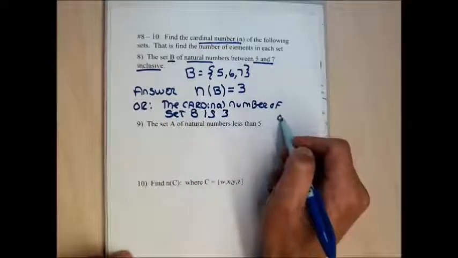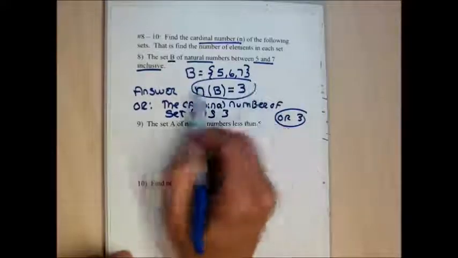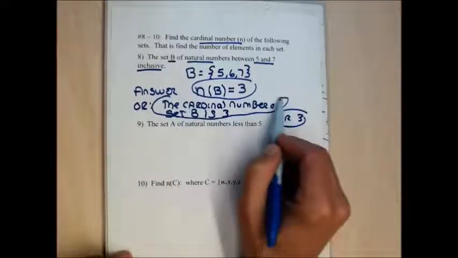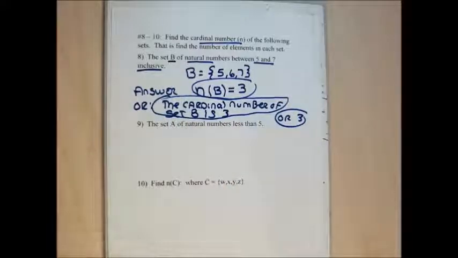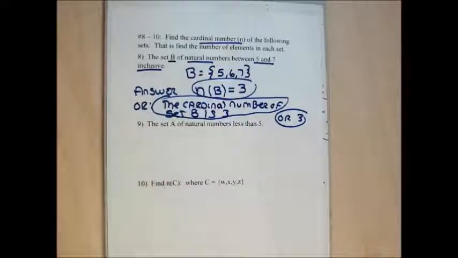If you wanted to be super lazy, you can just write the number 3. So all of these would be okay. What they have in common is they tell me the number of elements in the set, which is 3. Just as long as you get the 3 right and your answer isn't the specific set itself, it will be fine.